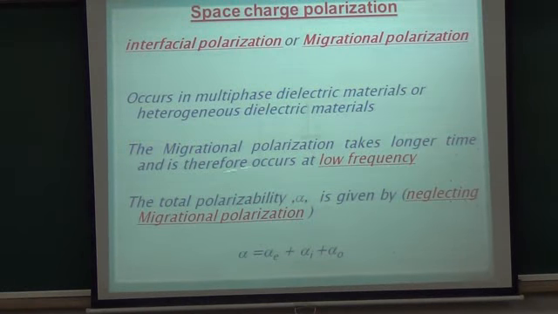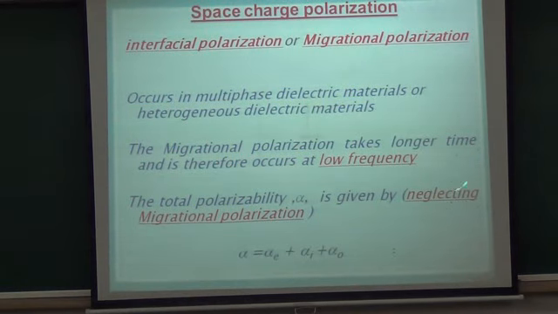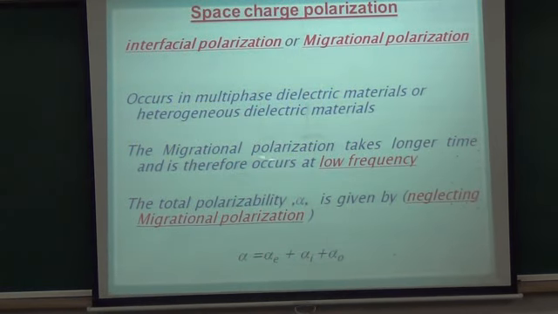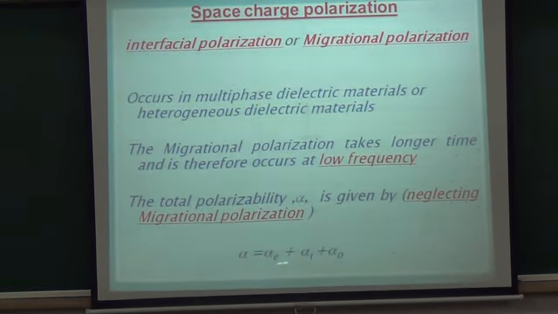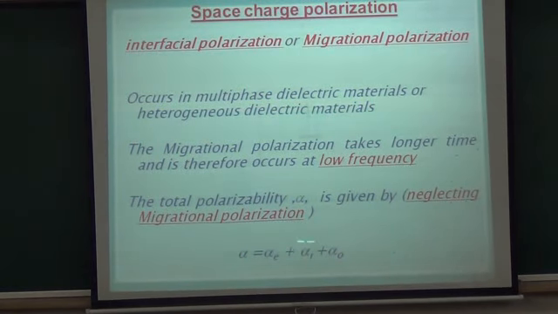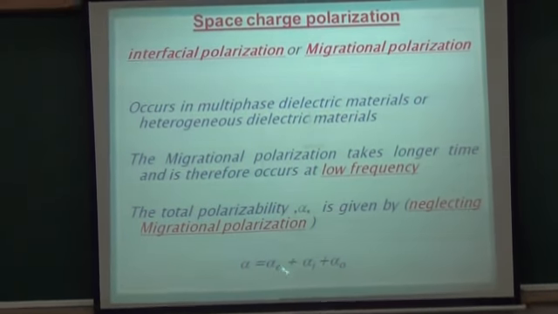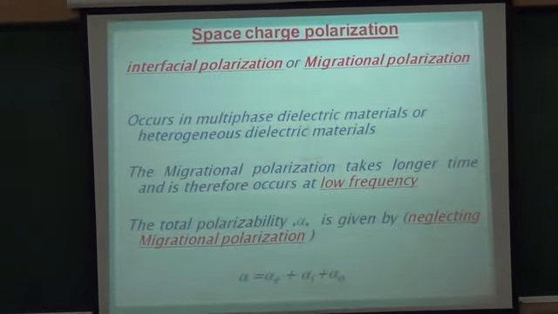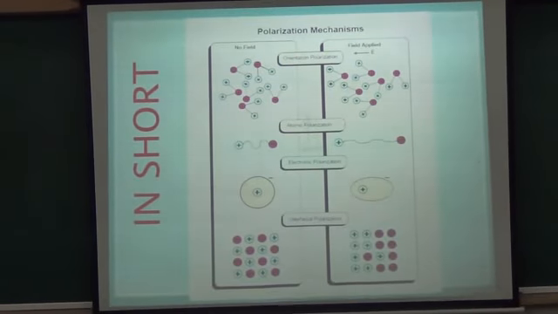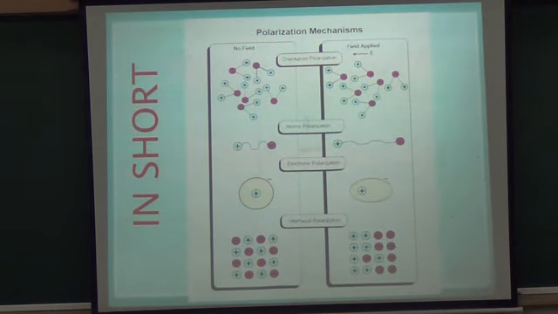It's important only at very low frequencies, so normally we don't talk about this. We talk about the remaining three. That is, my polarizability will be a function of three things: the electronic polarizability, the ionic, and the orientational. So we will try to find out. This is, in short, all the processes.